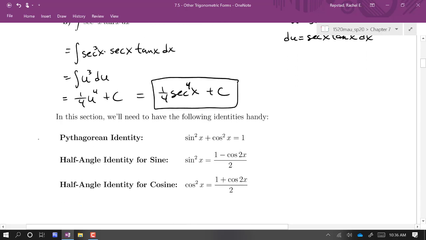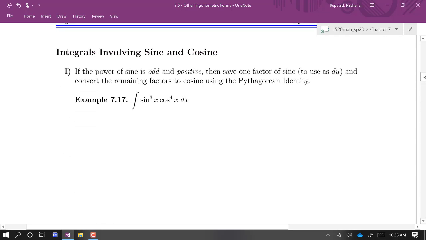So we'll find it handy to have these identities close by. We'll find it useful to use the Pythagorean identity and occasionally the half-angle identities for sine or cosine. So we are breaking down our strategies depending on what these powers are.